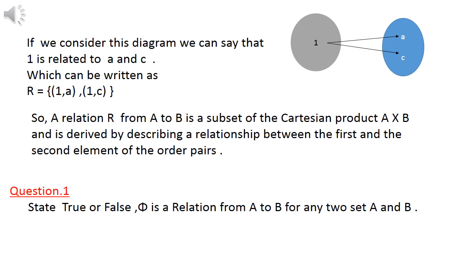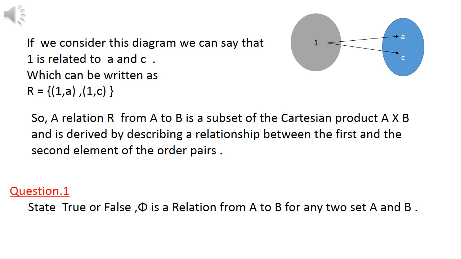From this, we came to know that a relation R from set A to set B is a subset of the Cartesian product A cross B and is derived by describing the relationship between the first and the second element of the ordered pair.